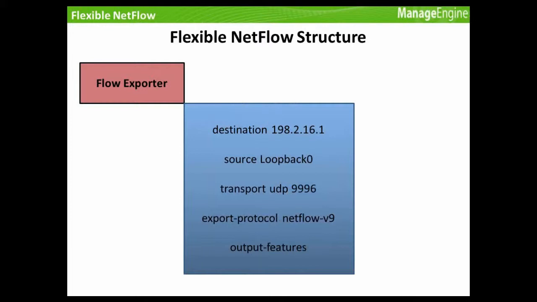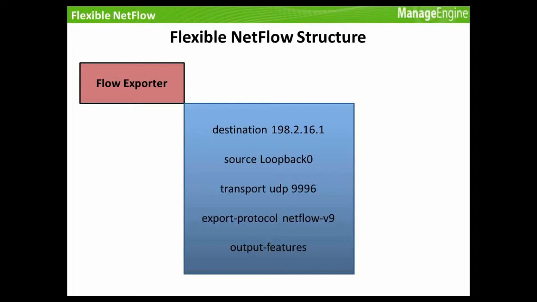So let's look at the structure of flexible NetFlow. What are the components included in flexible NetFlow? One is the flow exporter. In the flow exporter you specify the destination to which the flows have to be sent, and the source interface through which the flows are exported, maybe loopback or FastEthernet.